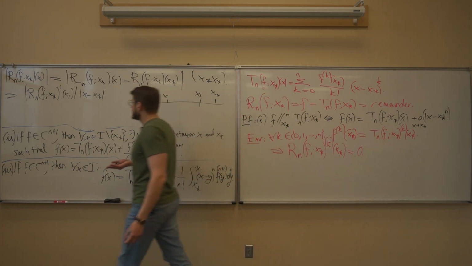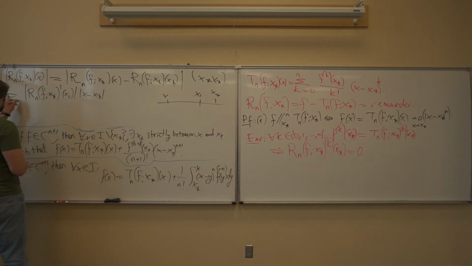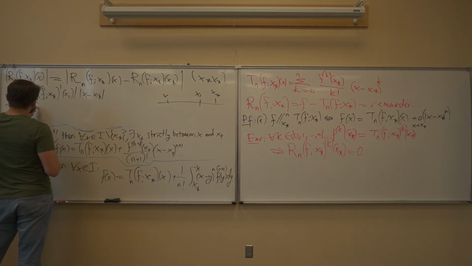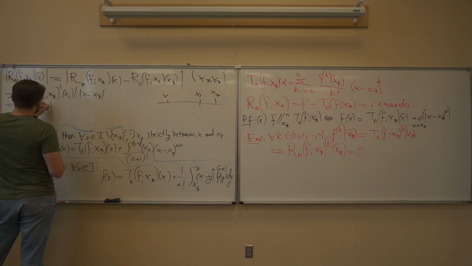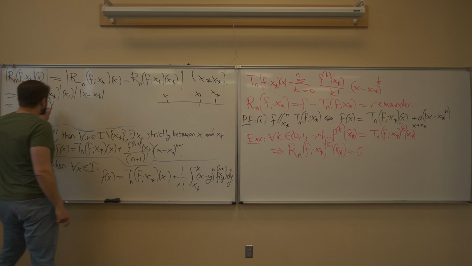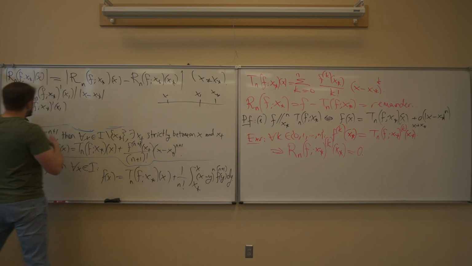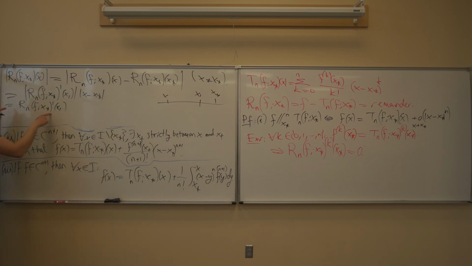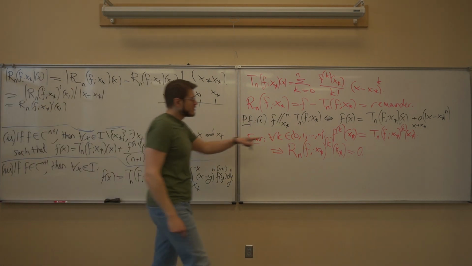But then I can keep iterating this idea. Let me do one more. After all, the first derivative of this remainder is itself differentiable, which means that I can apply the mean value theorem to this guy in and of itself. Because I know that the first derivative of this function evaluated at x star is 0.